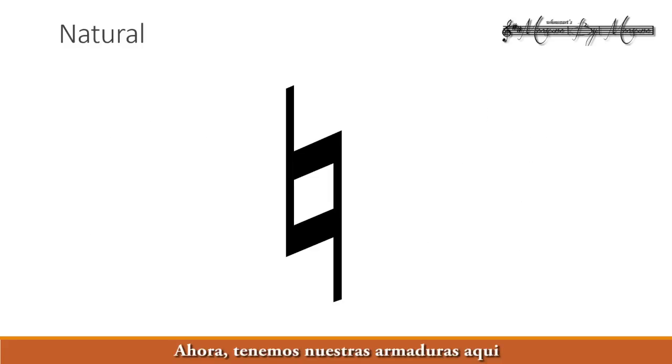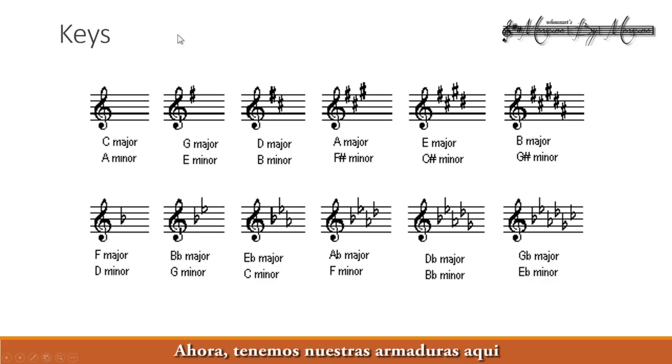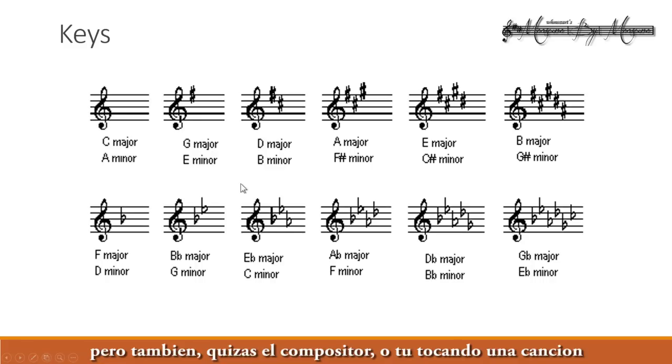Now, we have our key signatures right here. And let's stick to the F sharp as an example. This means all our Fs are sharp. But then maybe the composer, or if you're playing a song, you don't want the F sharp. You want to play it natural.